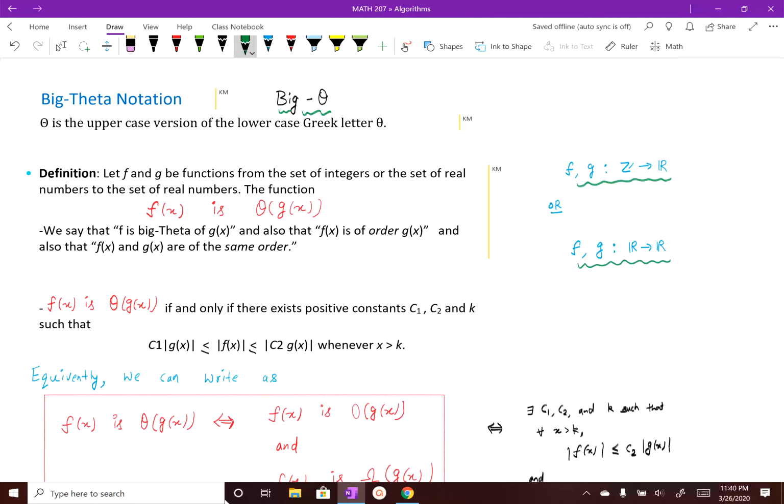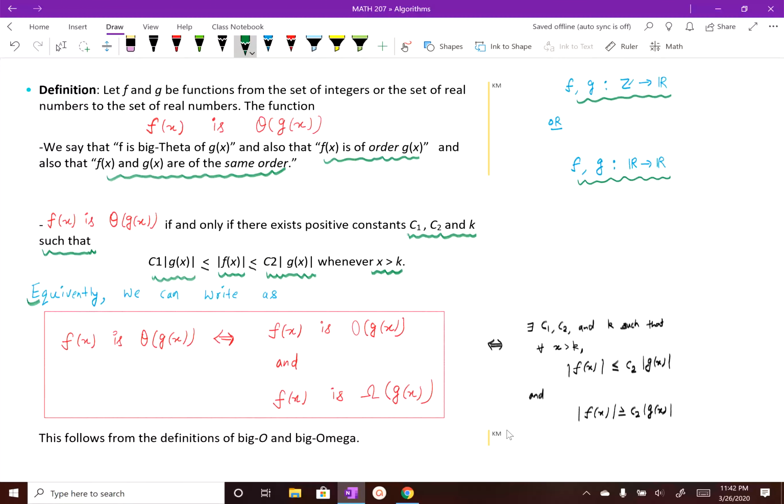Then we say that f of x is Big-Theta of g of x, or we can also say f of x is of the same order as g of x, if there exist positive constants c1, c2 and k such that whenever x is greater than k, the absolute value of f of x is less than or equal to c2 times the absolute value of g of x, and the absolute value of f of x is greater than or equal to c1 times g of x.